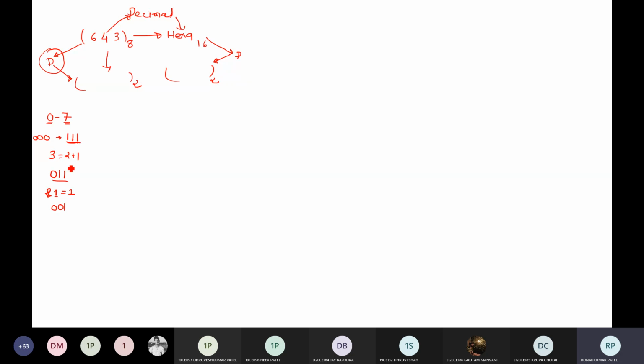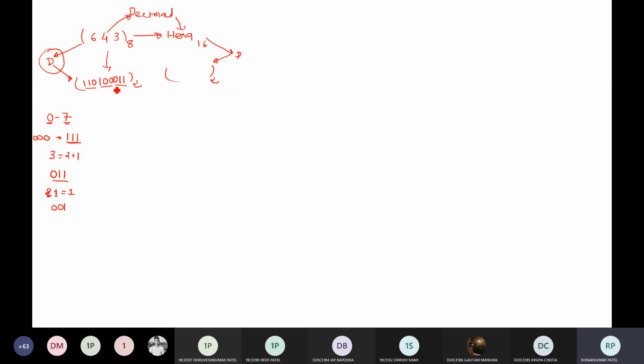So this way, following this 3 bits, I can write like this: 0 1 1, 4 2 1, 3 bits, 6 is 4 and 2, and 1, 3 bits. So you can see from octal I have directly written the binary representation.